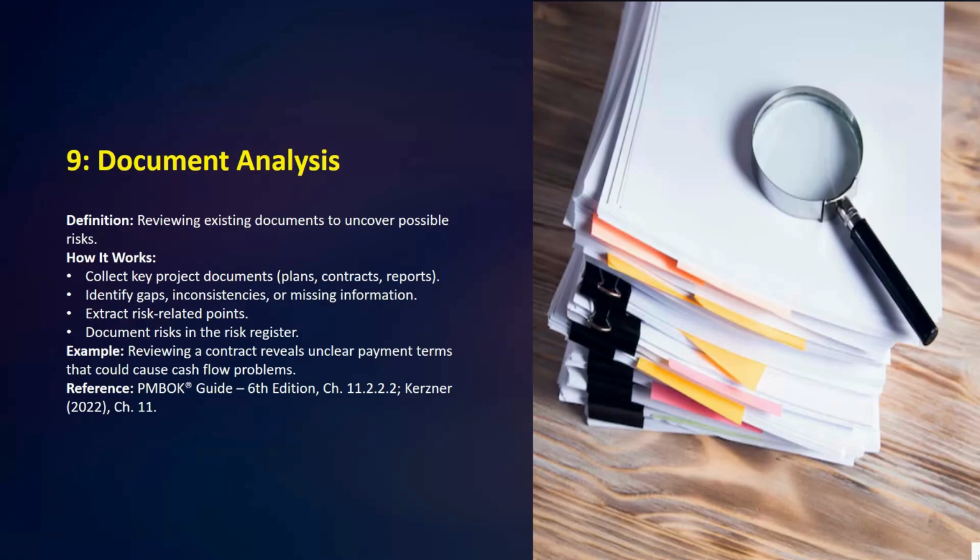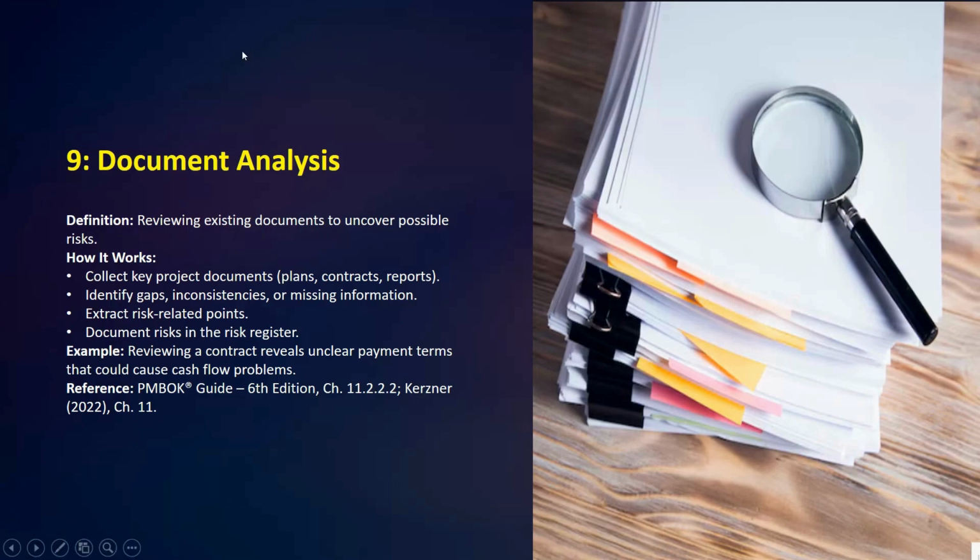Next we have number nine: document analysis. So document analysis is exactly what it sounds like. Okay, a deep dive into your project's existing documents. So it's a fundamental technique because it helps you to uncover risk hidden within the paperwork. Okay, so here we have the definition: reviewing the existing documents to uncover possible risk.